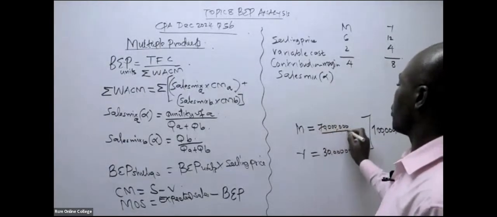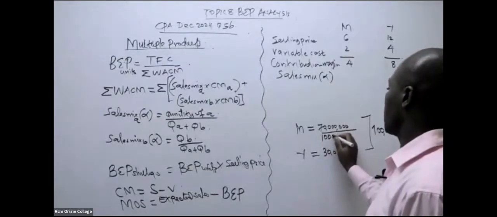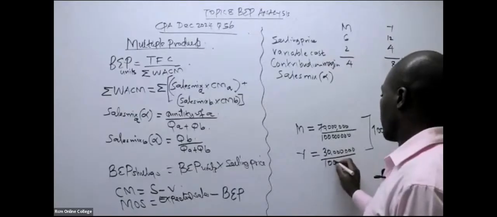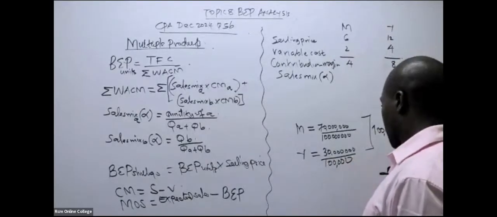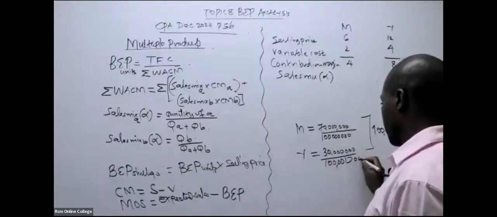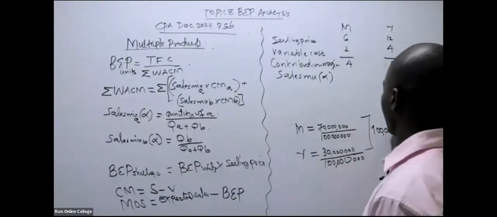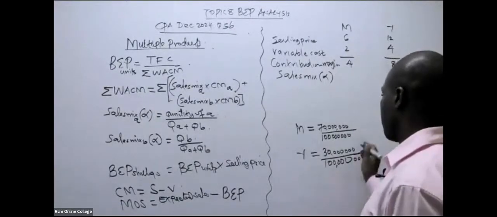We divide by the total number of units, 100. So what do we have as the sales mix ratio for product M?